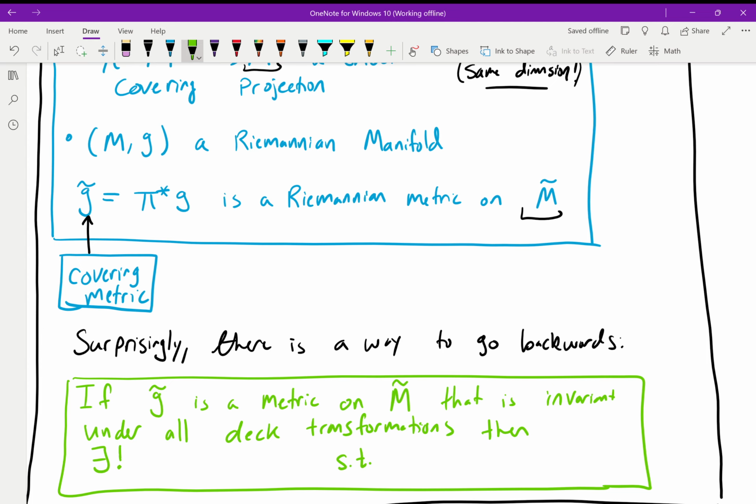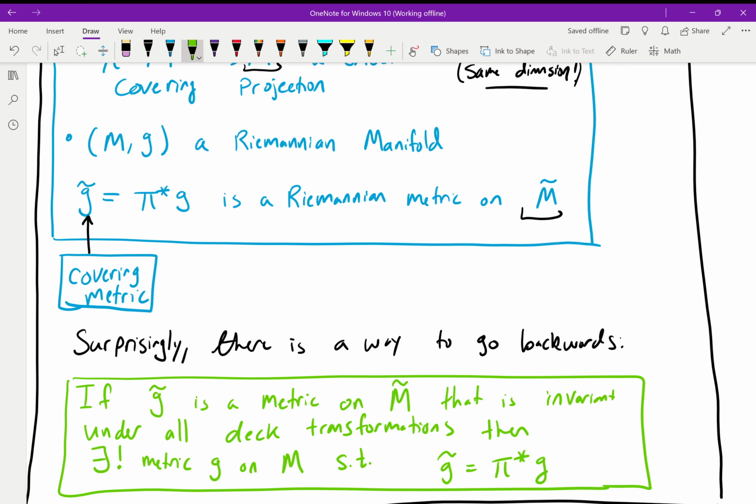In that case, there exists a unique metric G on M such that G tilde is equal to the pullback of pi applied to G. So if we have the extra condition that the metric upstairs is invariant under deck transformations, then we also can push it downwards.